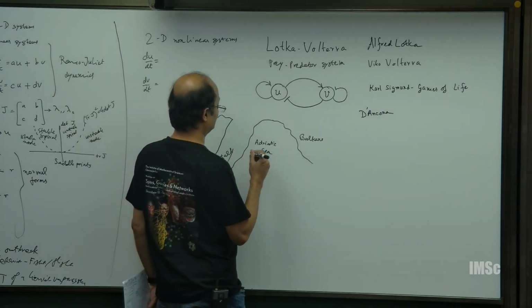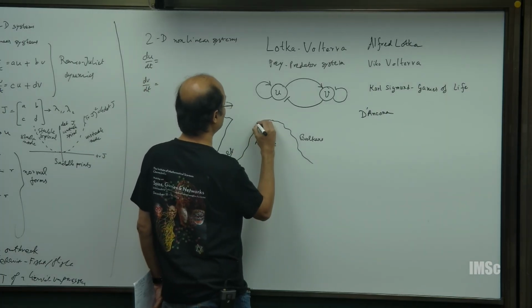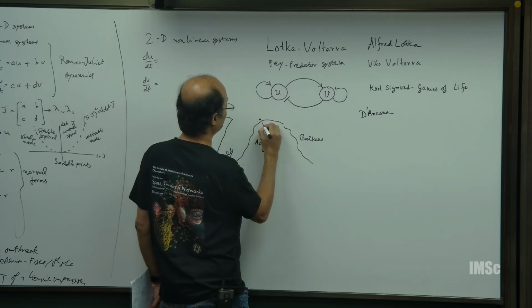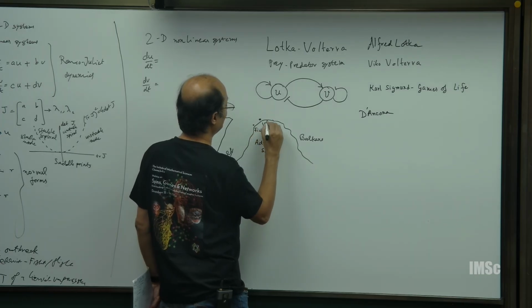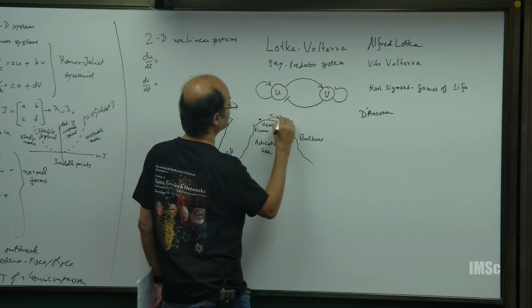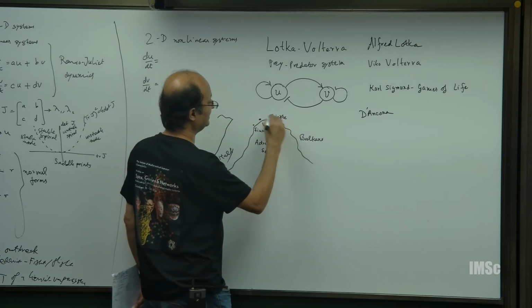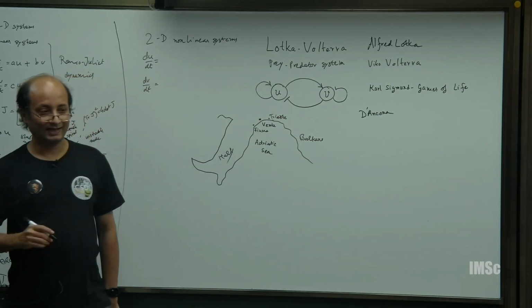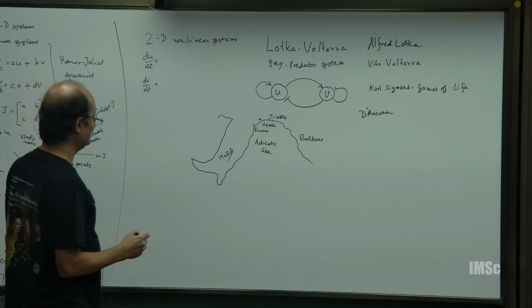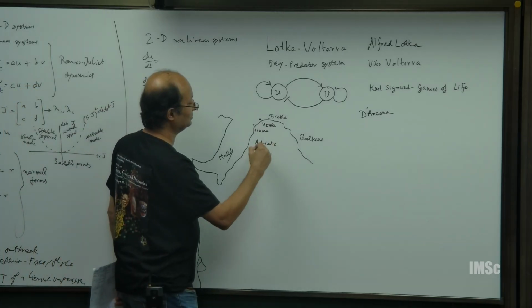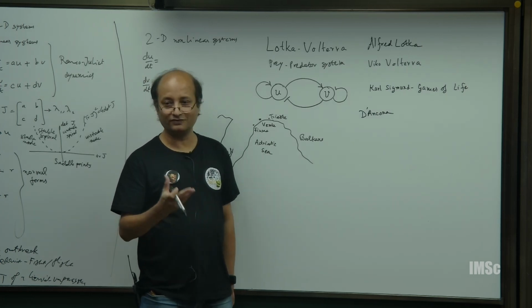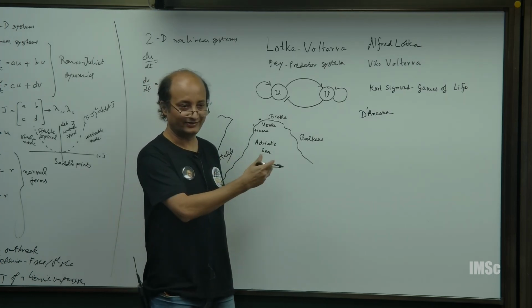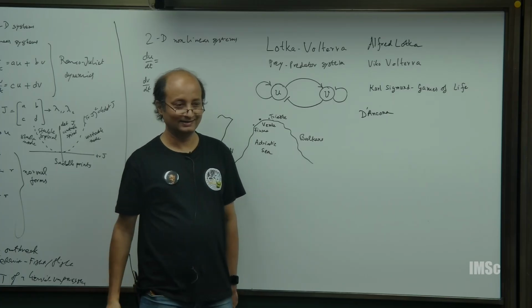So what D'Ancona did was he went to the fishing ports of Venice, Fiume, and Trieste. These are all ports on the Adriatic Sea, and he asked to do a sampling of how much fish of each type there is in the Adriatic Sea and how it changes from year to year.